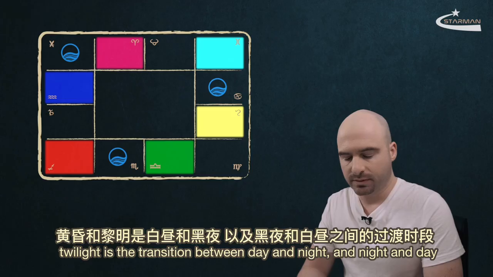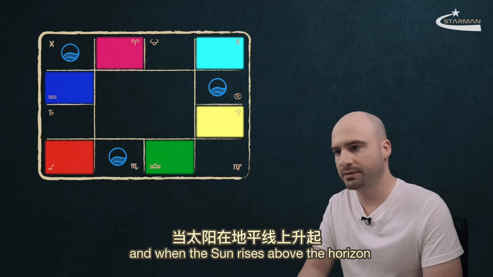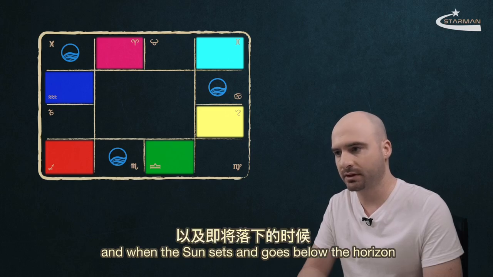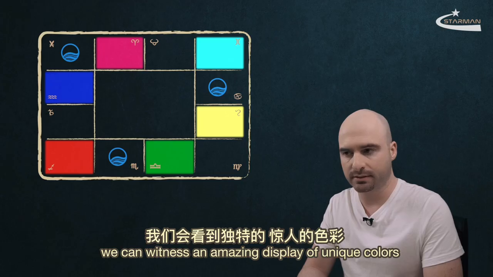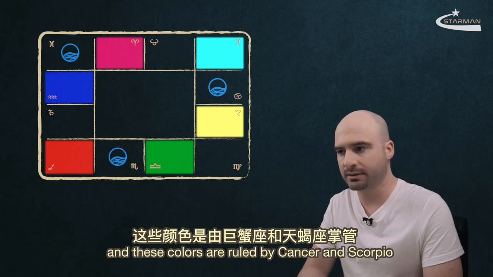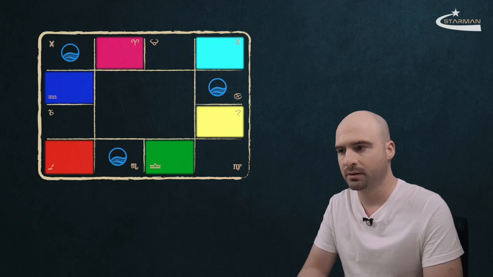Twilight is the transition between day and night and day, right? When the sun rises above the horizon and when the sun sets and goes below the horizon, we can witness an amazing display of unique colors, and these colors are ruled by Cancer and Scorpio.